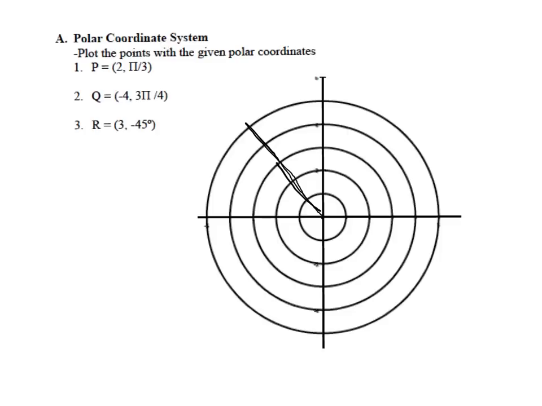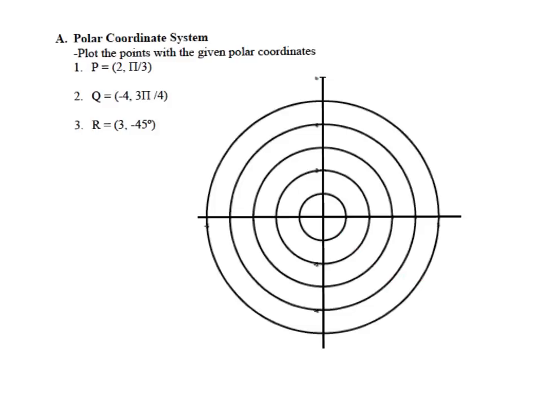So a distance of -4 backwards from this direction, that means 1, 2, 3, 4. Point Q is going to be right about here. We think of going in a direction of 3 pi over 4, and we go backwards 4 spaces.